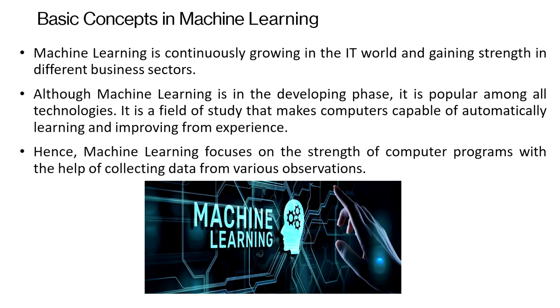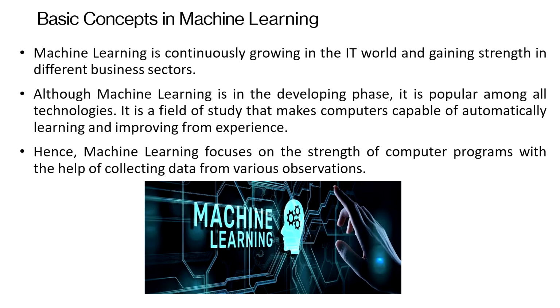Machine learning is a branch of artificial intelligence that enables computers to learn from data and experience. In traditional programming, we generally provide rules and data to the computer, and the computer produces the required output.